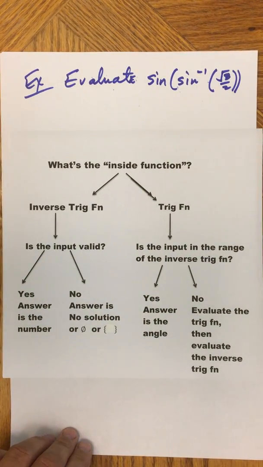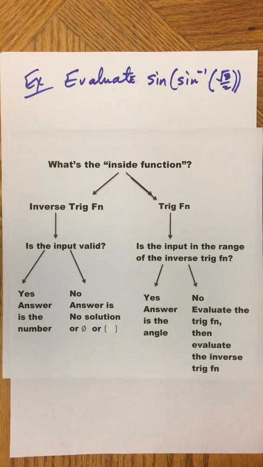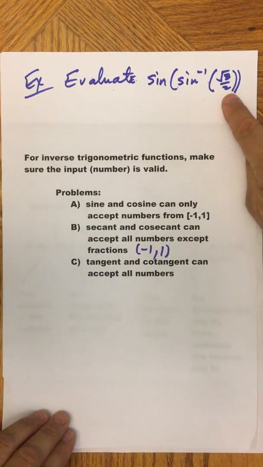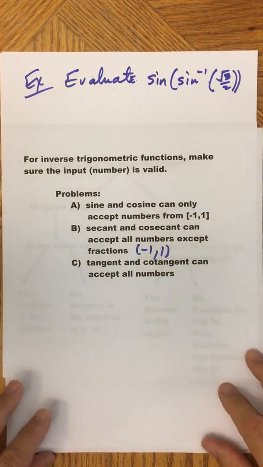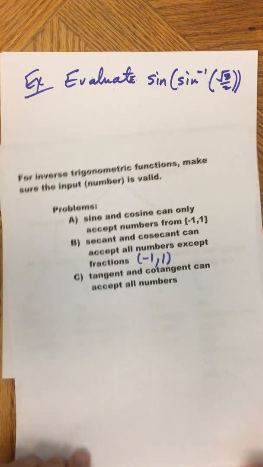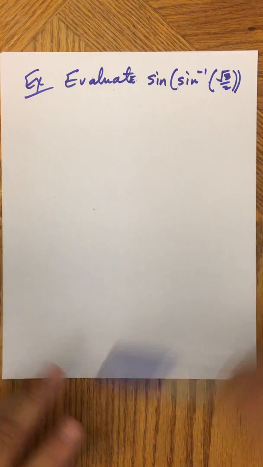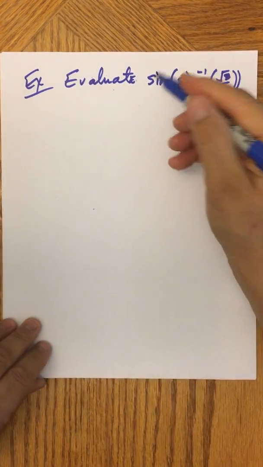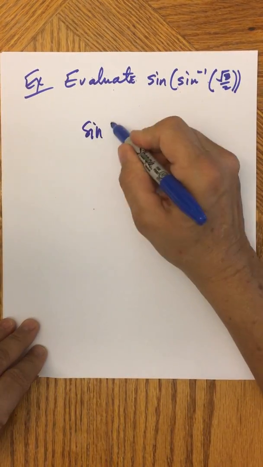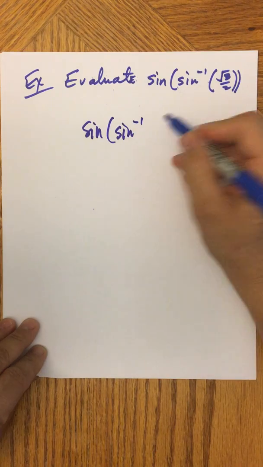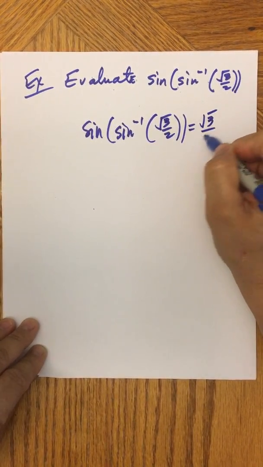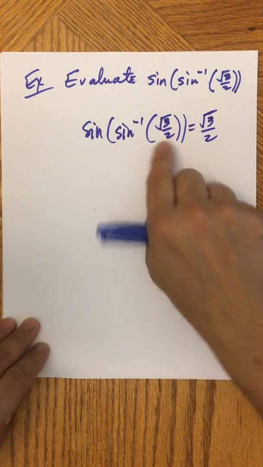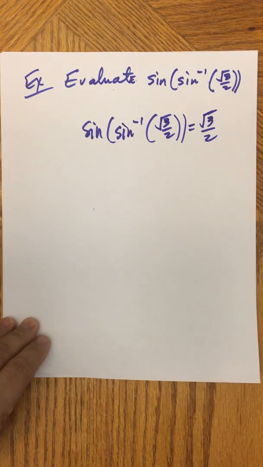With inverse sine, as long as you're taking a number between -1 and 1 included, you're fine, and square root 3/2, about 0.87, is fine. So I can use the cancellation law, and sine of inverse sine of square root 3/2 is just square root 3/2. I'm applying the cancellation law: f of f inverse of x is just x.